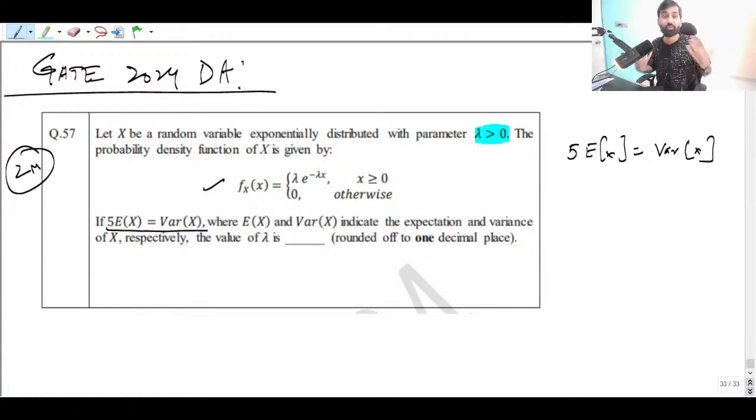So how much time are you going to spend? Let's see. Indicate the expectation and variance of x respectively. What is the value of lambda they are asking? Very simple question. See, the expectation is 5 times 1 by lambda. 1 by lambda is the expectation, which is equal to the variance. The variance is going to be 1 by lambda square.